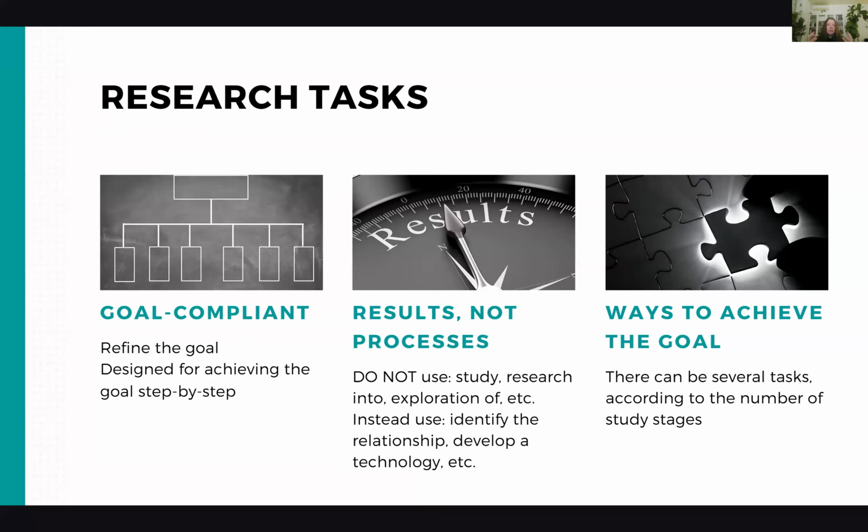So, the end result of achieving this task would be some diagram or graph or table that shows this relationship, or develop a technology, or get, for example, test results. Those are results, not processes.